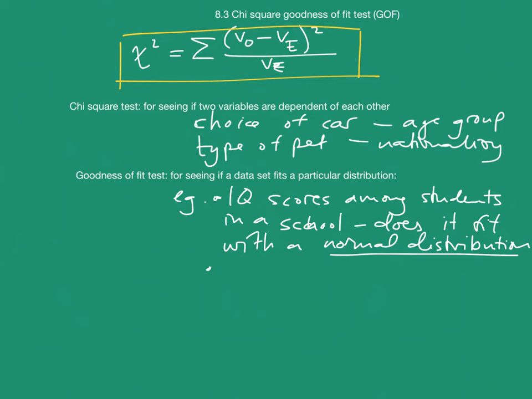Another example could be, do coin tosses fit a binomial distribution?